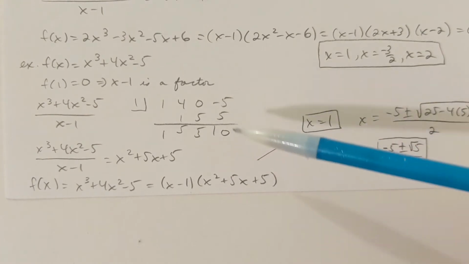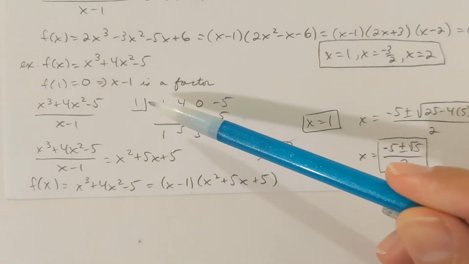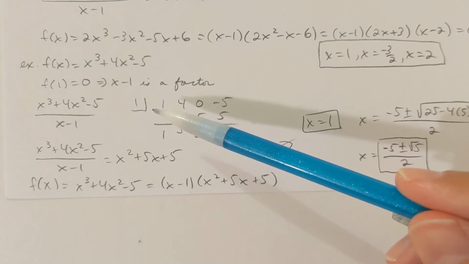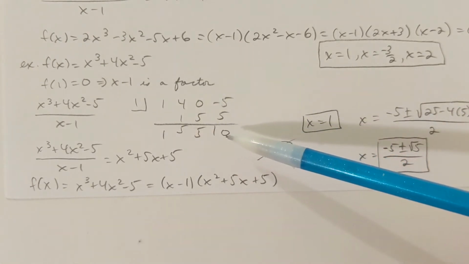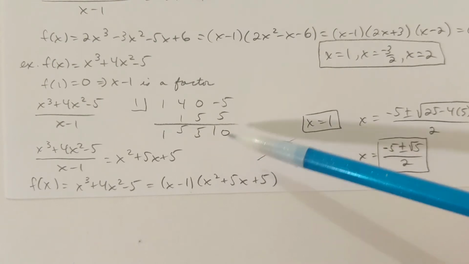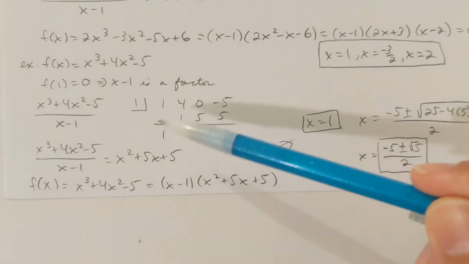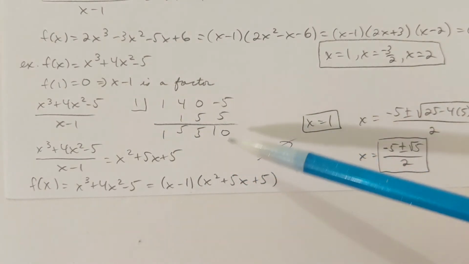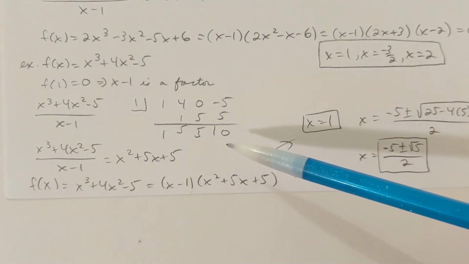That looks good. Anytime that the 0 is a 0, you get 0 left over. That will always happen. So I probably could have expected that before I even did anything up here. Knowing that f of 1 equals 0 tells me that I should have 0 left over when I divide.